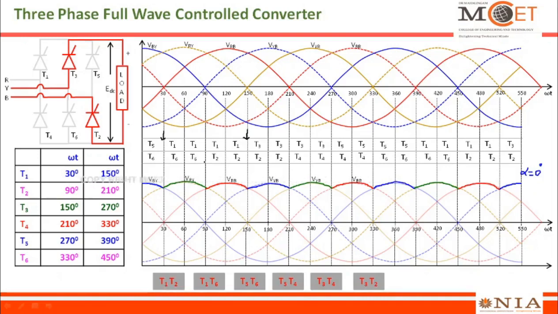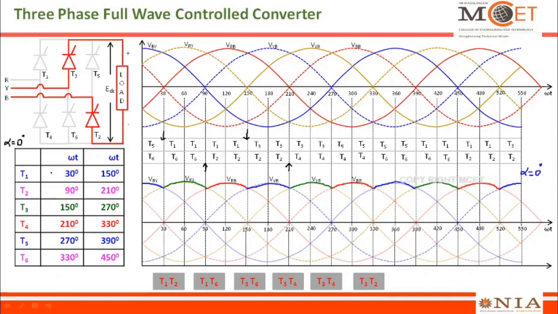T2 starts at 90 and ends at 210. Similarly, T3 starts at 150 and ends at 270. T4 starts at 210, ends at 330. T5 and T6 start at 270 and 330 and end at 390 and 450 respectively. This table is true for alpha equal to 0 degrees.